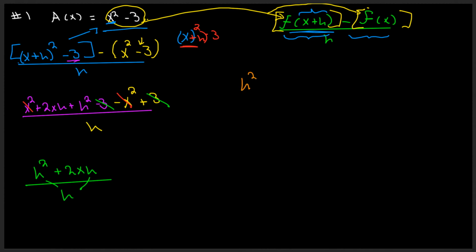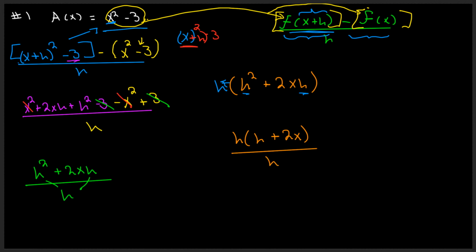h squared plus 2xh, you can easily see that you can factor out an h out of both of these terms. And what you are left with is h times h plus 2x over h.